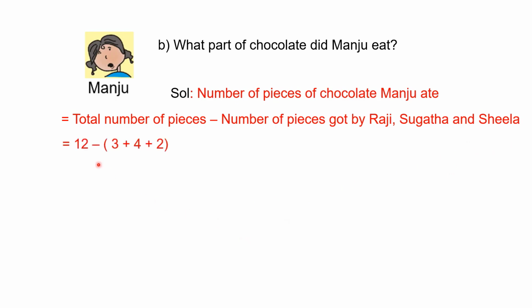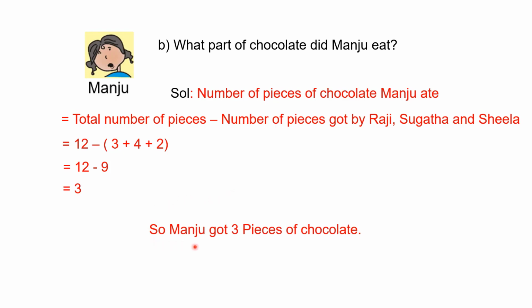Total number of pieces is 12 minus Raji got 3 pieces, Sugata got 4 pieces and Sheila got 2 pieces. Let us add 3, 4 and 2. That is 12 minus 3 plus 4 is 7, 7 plus 2 is 9, 12 minus 9, it equals 3.